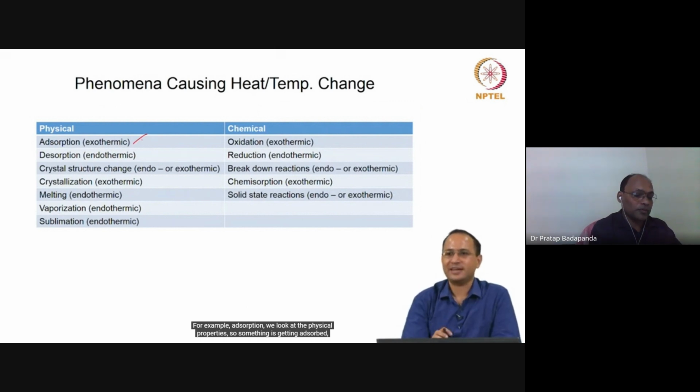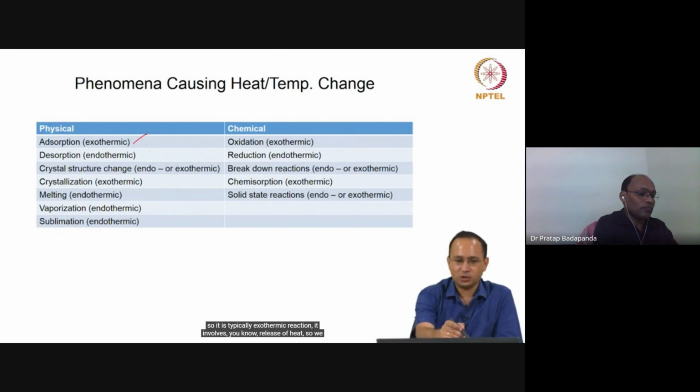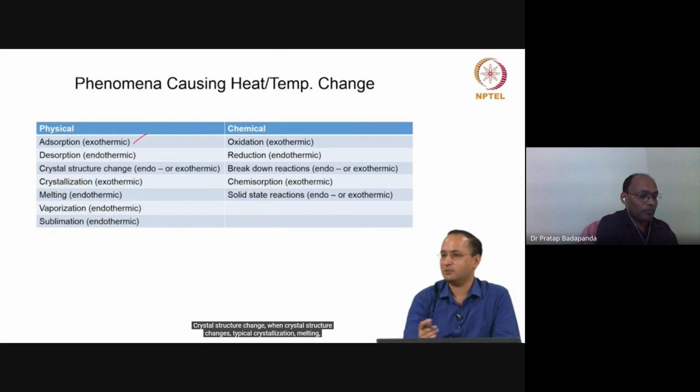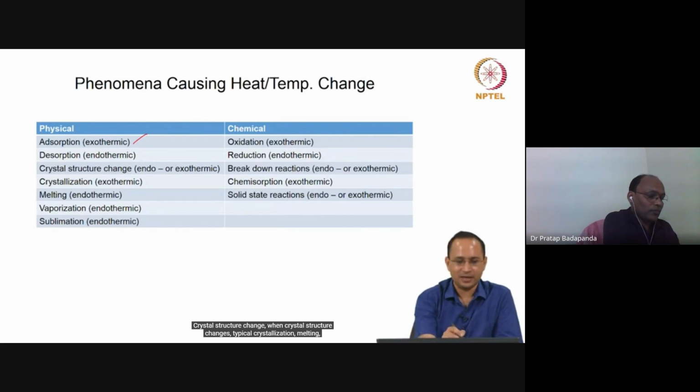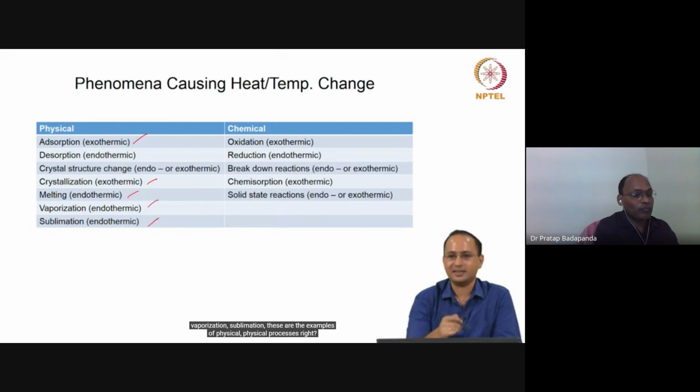So something is getting adsorbed. It's typically an exothermic reaction. It involves release of heat. So we can measure. Desorption is endothermic. Crystal structure change, when crystal structure changes. Typical crystallization, melting, vaporization, sublimation. These are the examples of physical processes.